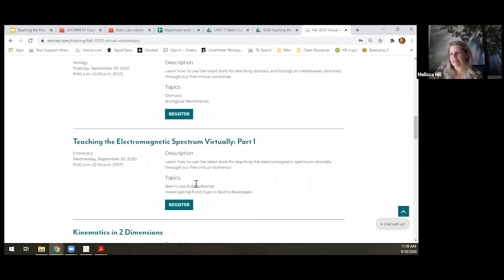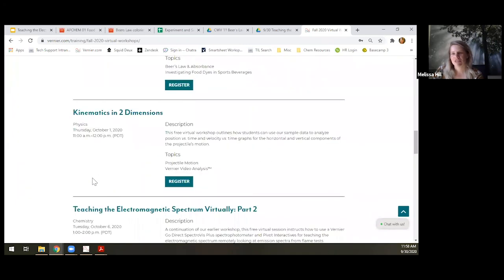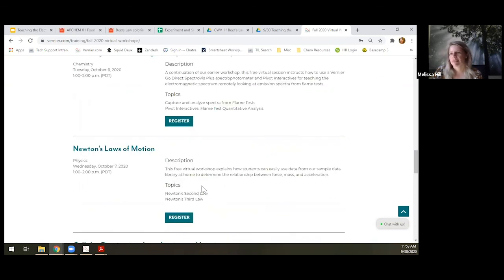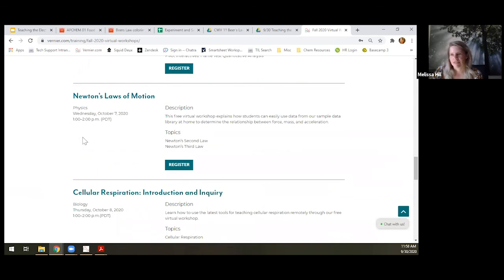So right now we're here on September 30th. So there's a physics one tomorrow. Next week on Tuesday, Noose is going to be talking about emissions with the spectrometer and flame tests and lots of cool stuff. So definitely sign up for that one. You can register directly from this page. Every week we're trying to do one from each discipline, physics, chemistry, and biology, and we kind of rotate through them.